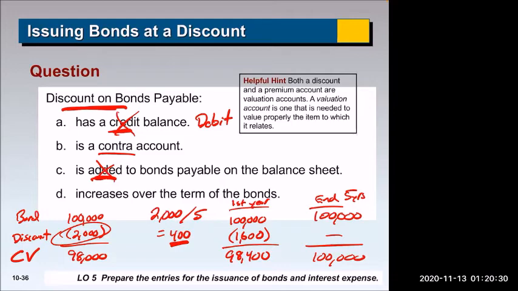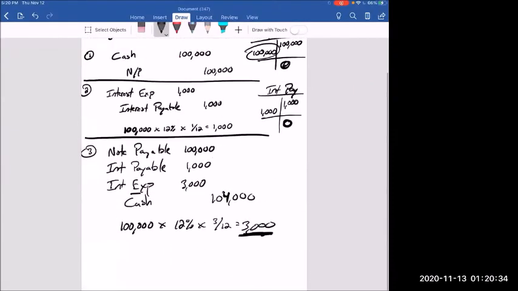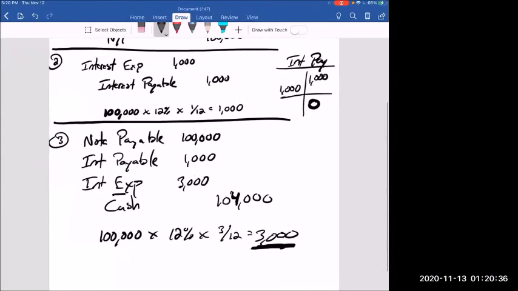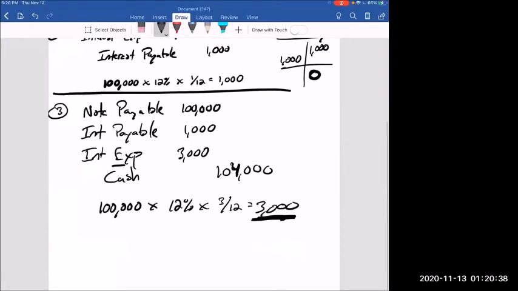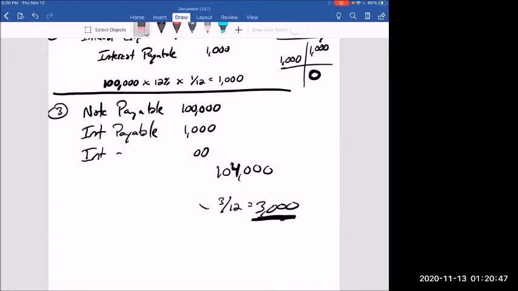Now, my journal entry for when I'm making my payment for interest would look like this. Let's give myself a little bit more room so it's not confusing.